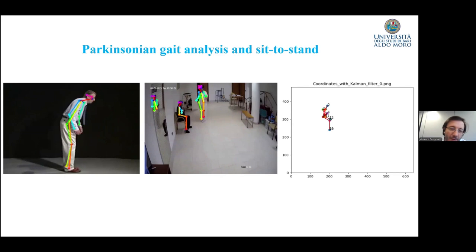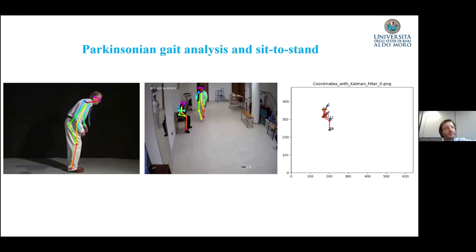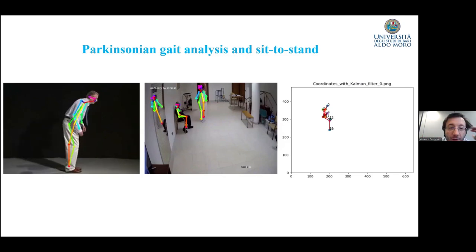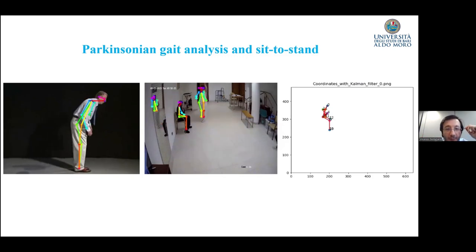It's a pose estimation algorithm which extracts the body joints coordinates in time from the video of the person moving. Here, you can see a person trying to perform a sit to stand test, the 5 times sit to stand test.